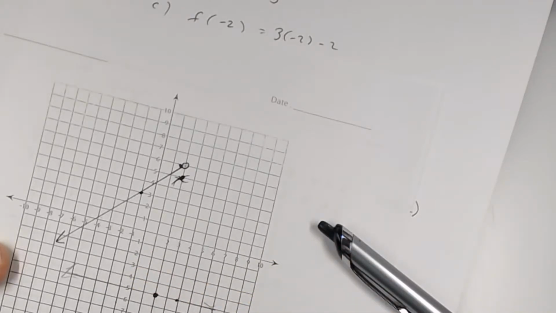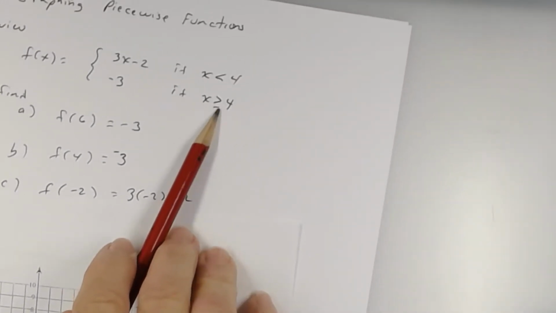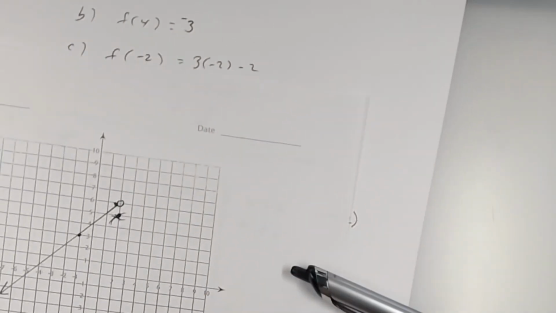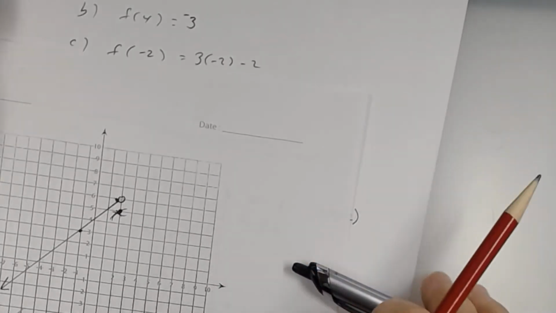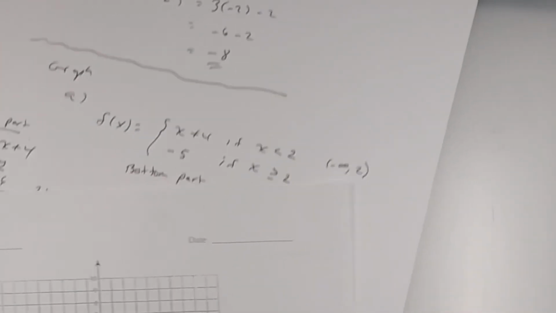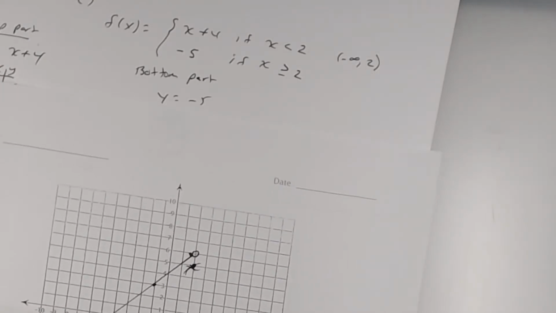The other reason you know that this cannot be correct is because you're saying that I can use any of these numbers for x right here. But the smallest number I can use for x is what number? 4. Oh, I'm doing the wrong one? I'm sorry. 2, right? 2.